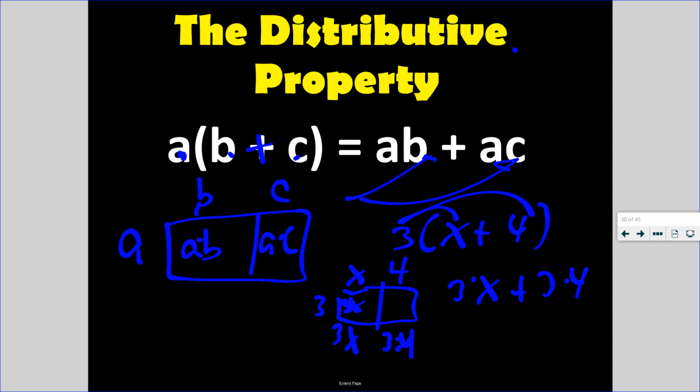X plus 4 will be written as x plus 4, x plus 4, x plus 4. So what did I draw? I drew 3 x's and I drew 12. So 3x plus 12. Some people prefer the area model because they see 3x and 3 times 4 is 12. Some people prefer maybe just distributing and just getting the answer 3 times x plus 3 times 4. So pick which one you think you are more comfortable with to solve the distributive property.